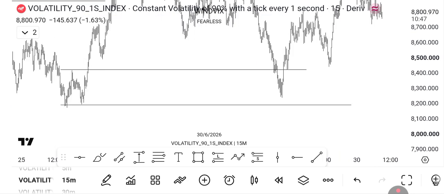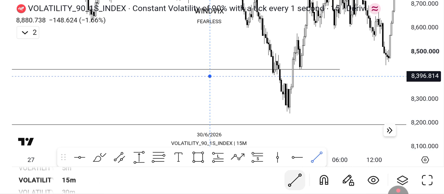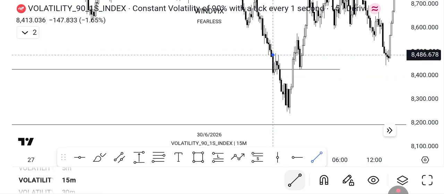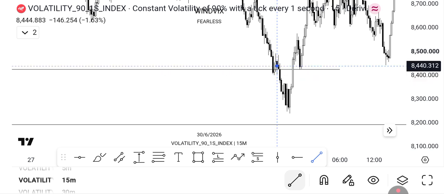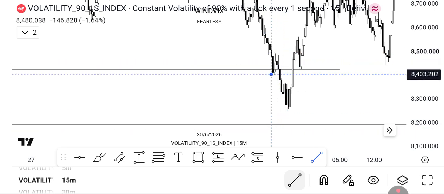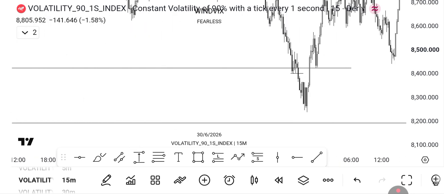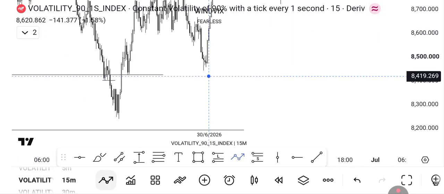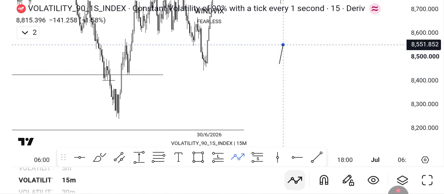Can you see what happened here? Can you see that this was the candle that dug into it first? And then this candle got taken out. If you remember my explanation, what I explained was this. For a buy, you have this.